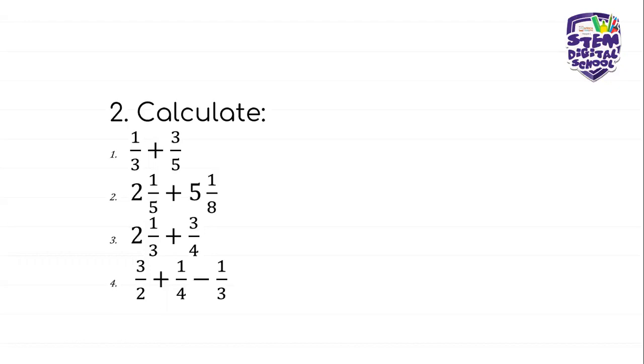Minas says the second one, you already found the final answer there, which is whole number 7, and then 13/40. Right? And then, of course, I see Bibilo got 7, and then 16/40, which is different from what Minas got.